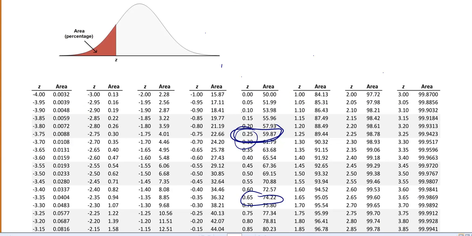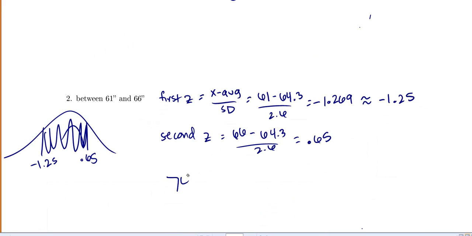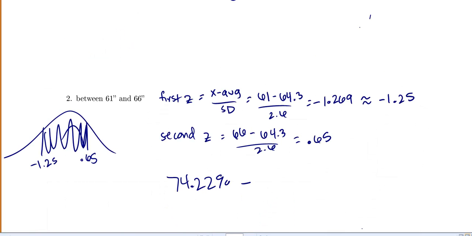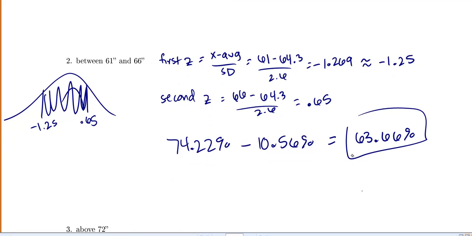It has an area of 74.22. 74.22% minus, and now look up your negative 1.25. So that's 10.56. Which gives me 63.66%. So that's my final answer.